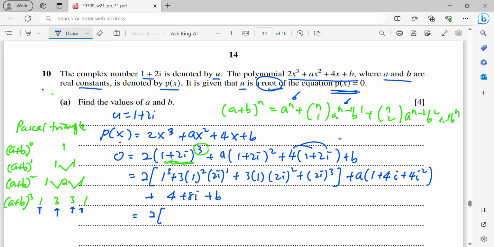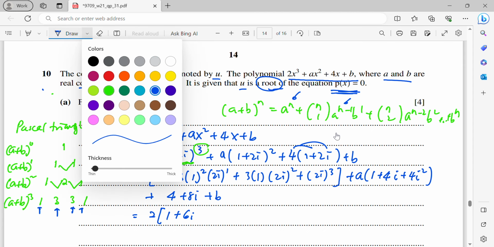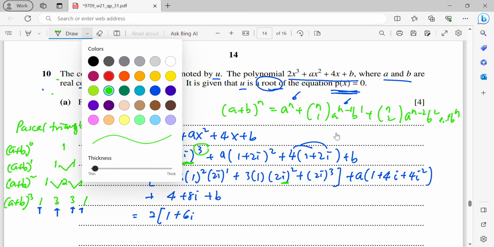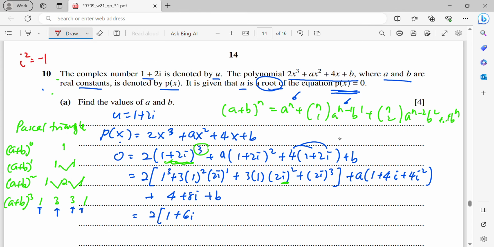So 1 cubed is 1. Now 3 times 1 squared is 3. 3 times 2 is 6, so 6i. Now for your information, here is going to get i squared, which is minus 1. So minus 1 times, this is 4, 2 squared is 4, 4 times 3 is 12. So that means you are getting minus 12.